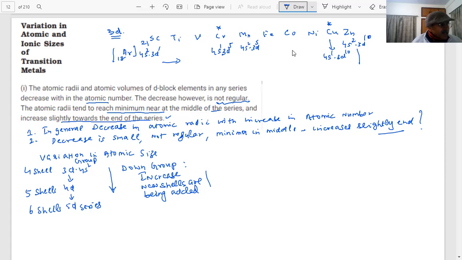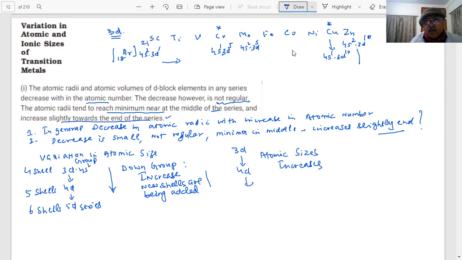Now something interesting happens. What is happening here, students? If we see the sizes from 3D to 4D, if we compare the atomic sizes, it increases.